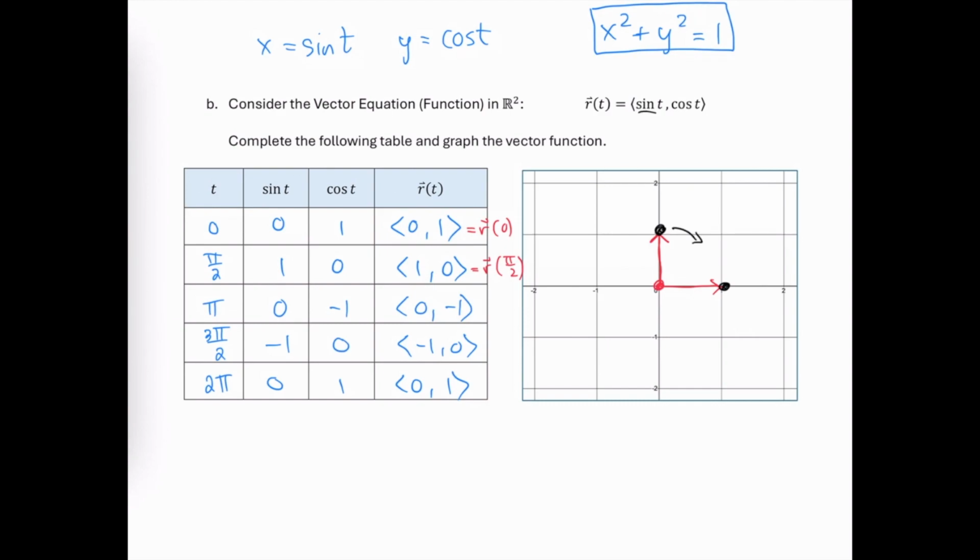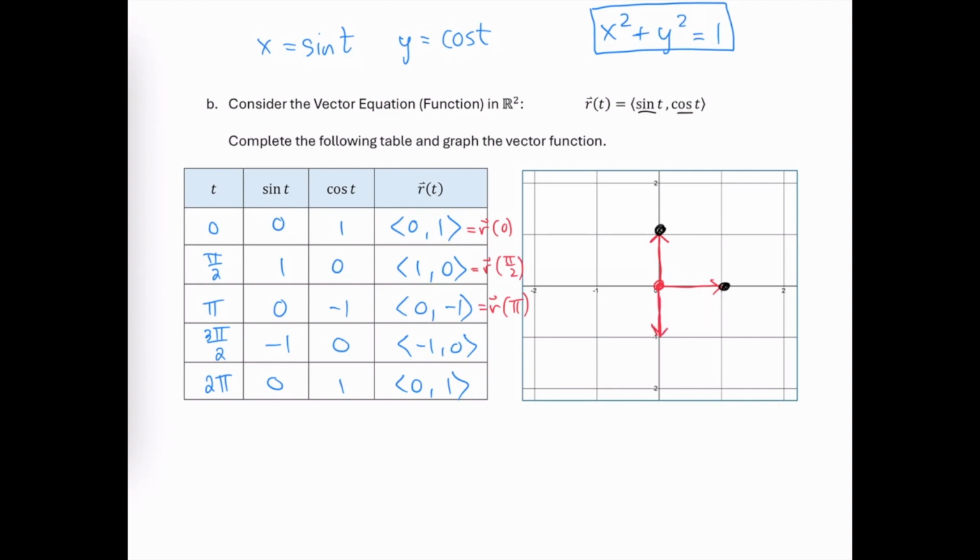Changing the order of the parametric equations is going to change the orientation of our curve. It does not change the path, it changes the way that the path is traced out, or the orientation.